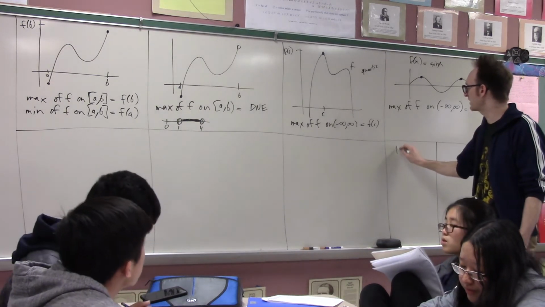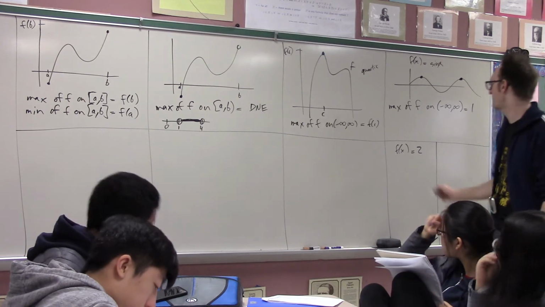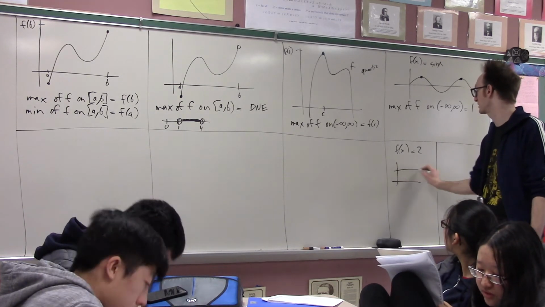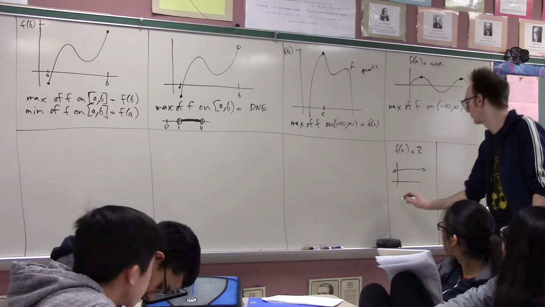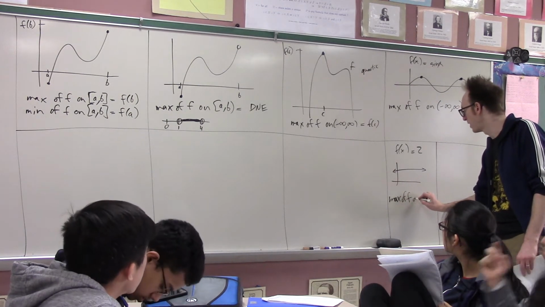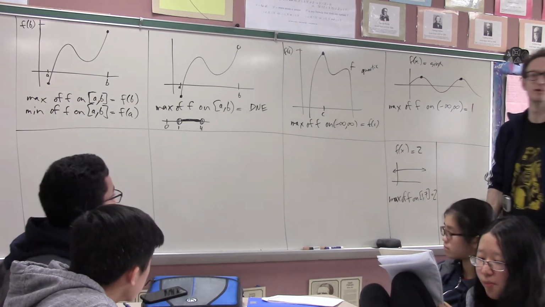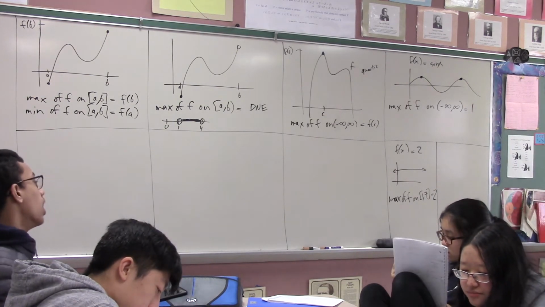Good. And the natural extension of this is, what if I just gave you a constant function, like the line y equals 2? What is the max of this function on the interval from 1 to 7? Just 2, right? The max is just the largest y value. Okay, good.